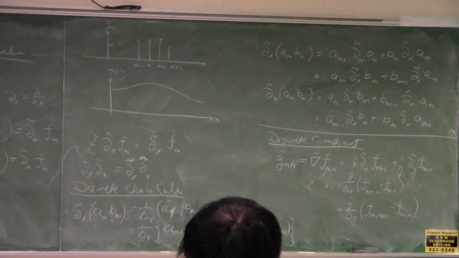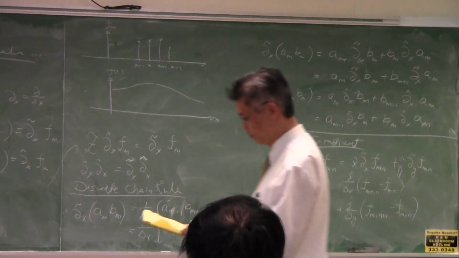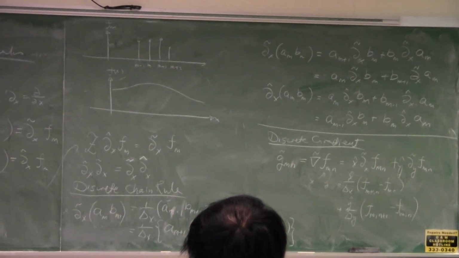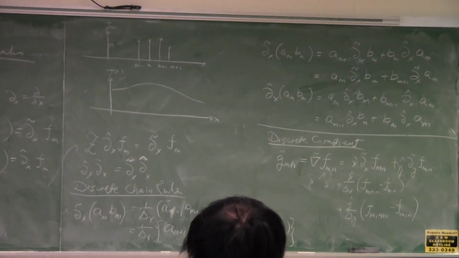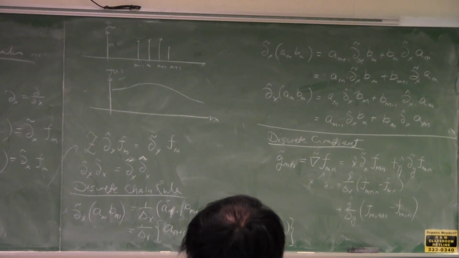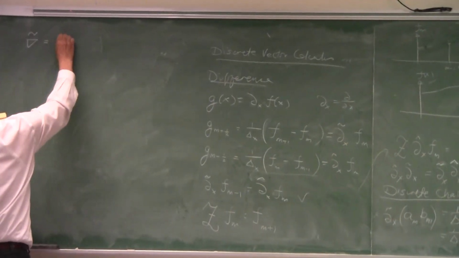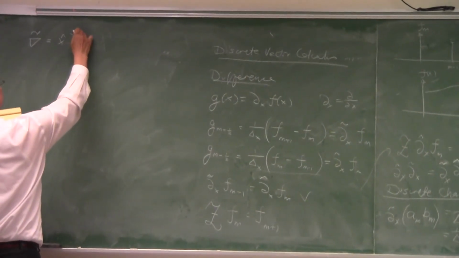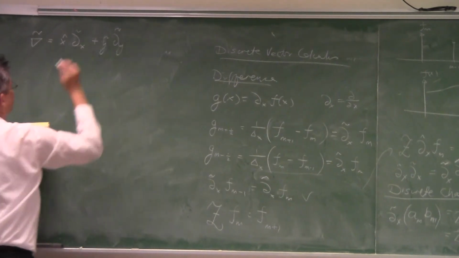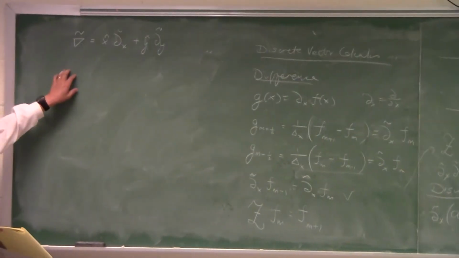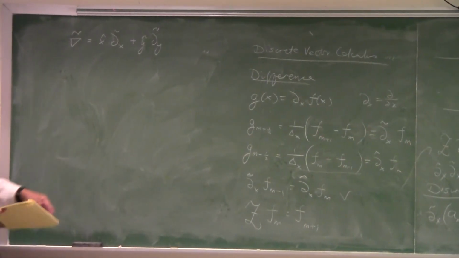Okay, just a very simple application of this thing. This I will call the discrete gradient. And I can define this operator to be x hat partial x tilde plus y hat partial y tilde. And these are all forward gradients or forward differences.